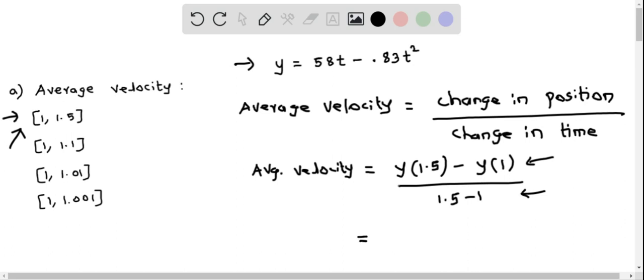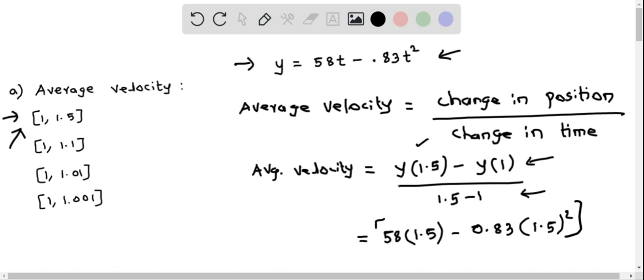So we have to plug in 1.5, that is t equals 1.5 into this equation to determine y of 1.5, and plug in t equal to 1 into this equation to determine y of 1. So let's do that. And when we do that, we get 58 times 1.5 minus 0.83 times 1.5 quantity square.